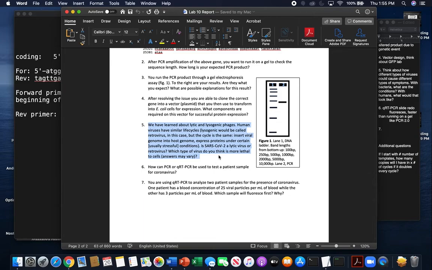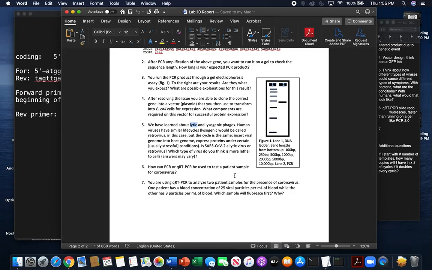This is asking about lytic viruses versus retroviruses. We talked about phages, lytic phages and lysogenic phages. Consider both of these life cycles independently: what happens to the bacteria in each? With the lytic cycle, if I'm a bacterium and I get infected with a lytic phage, what immediately happens?